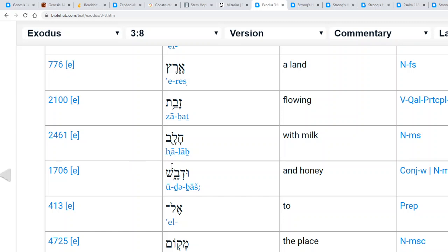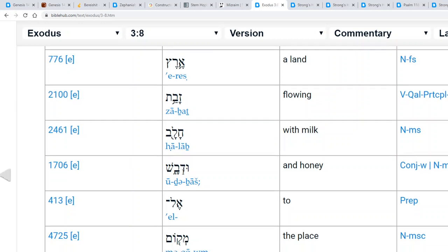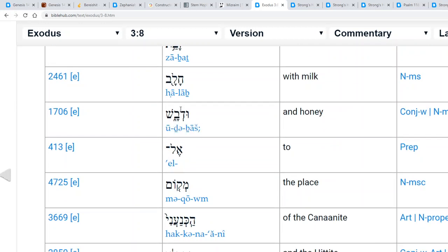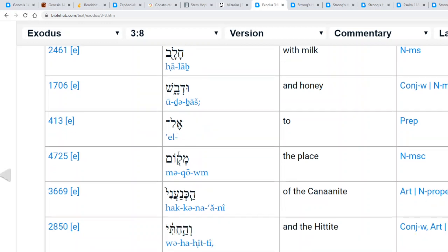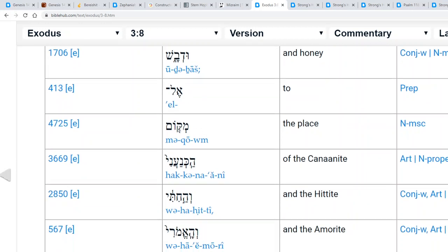So there is a honey that you can create from dates, that oozes out of dates. So when it says honey, it may not actually be talking about bee honey. It might actually be talking about date honey.